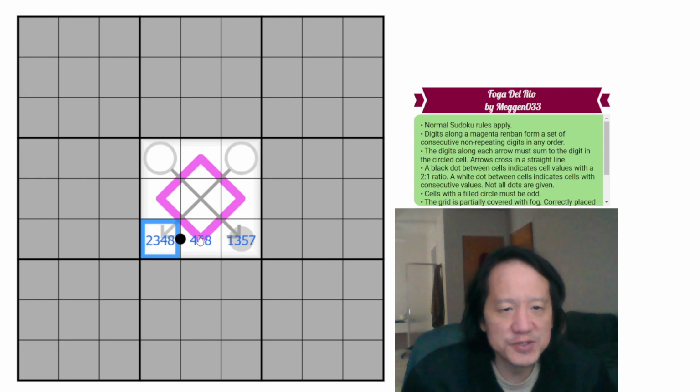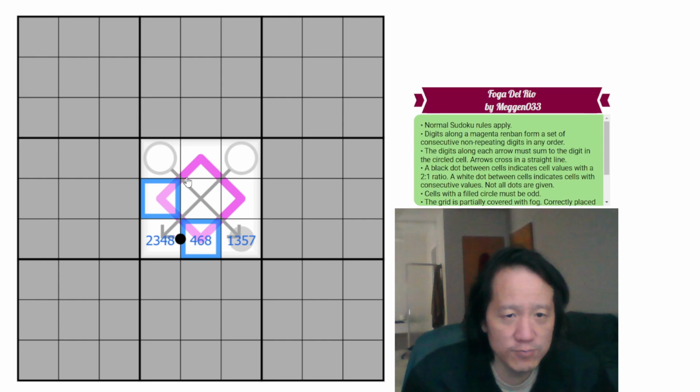What happens if this is a 4 and this is a 2? If this is 4 and 2, the Renban has to be 3, 4, 5, 6, or 4, 5, 6, and 7. That seems possible.